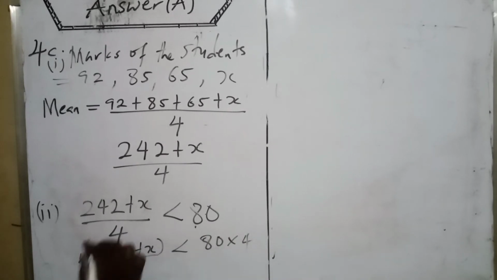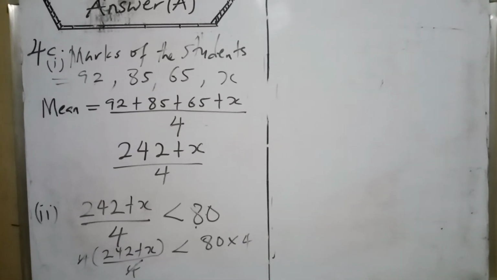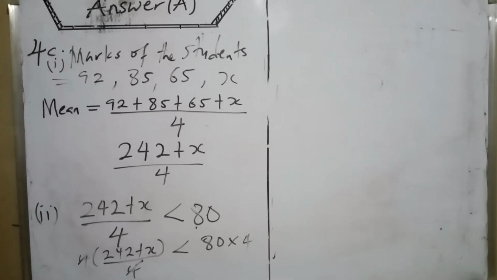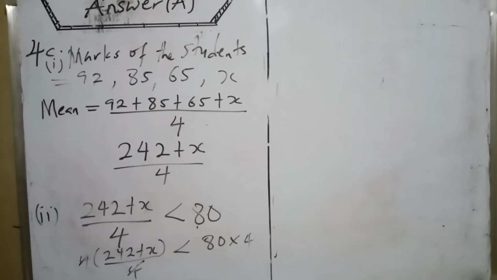And this 4 does away with this 4. We now add these two together. So 242 plus x will be less than 80 times 4.